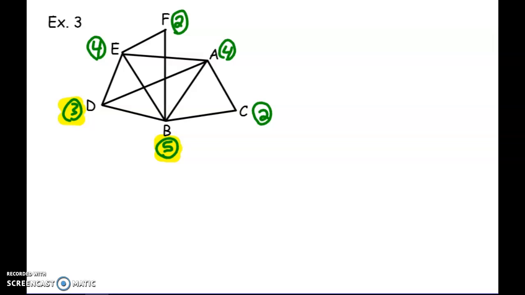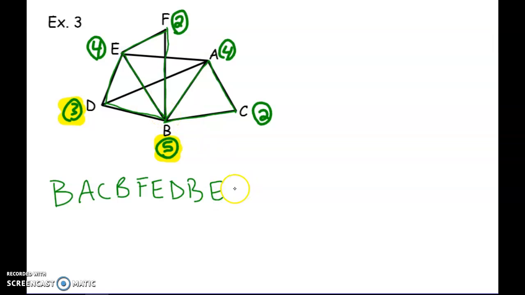Let's go ahead and start at B. So if I start at B, I'm going to go from B to A to C to B to F to E to D to B to E to A, and then finally to D. Notice we're only tracing over these one time.